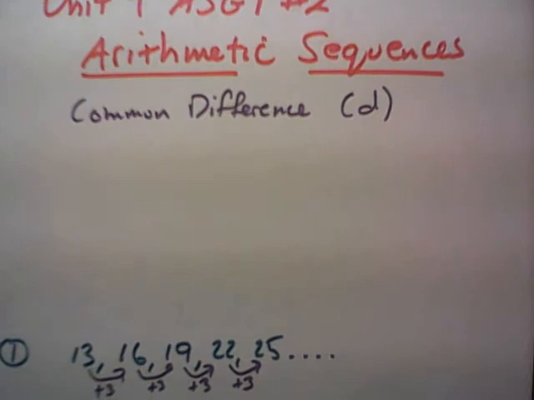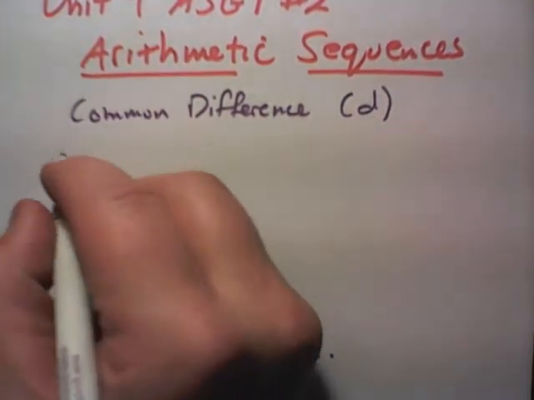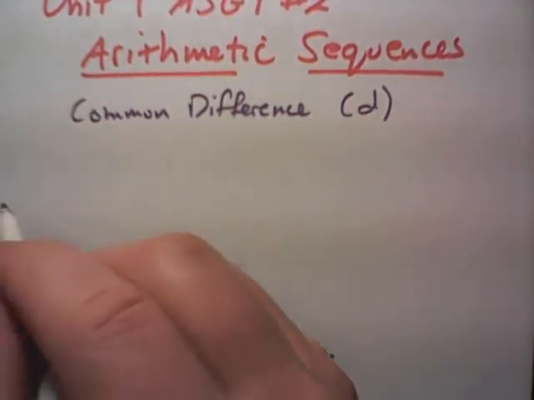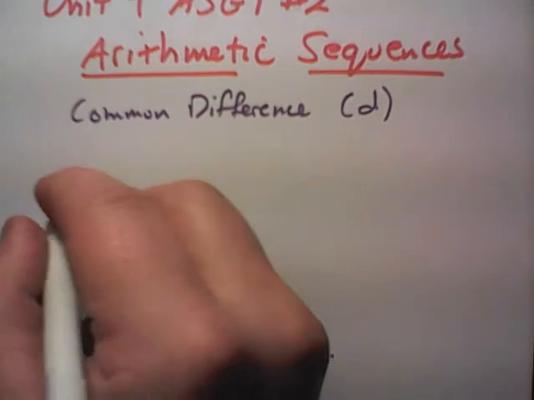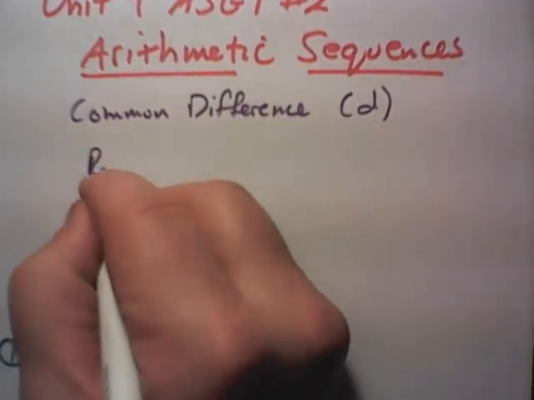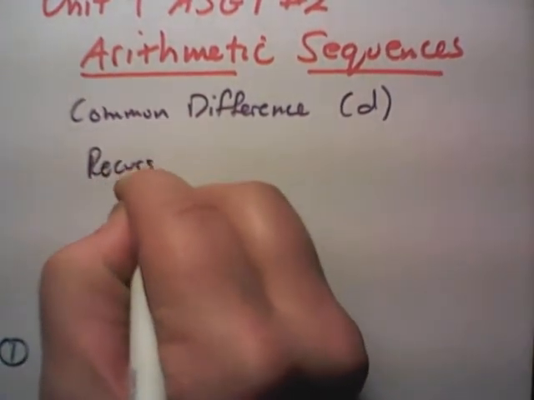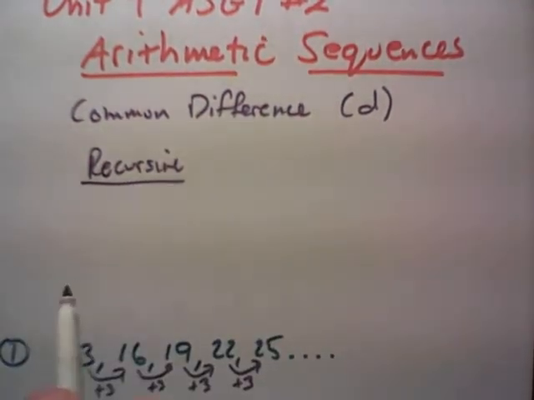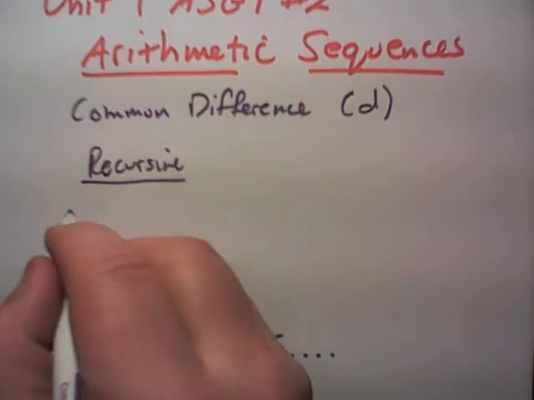There are two formulas that we're going to use throughout this that I would like us to introduce right now, and we're going to use them in some of the examples that follow in this video. The first one is a specific recursive formula for arithmetic sequences. Every recursive formula will be in this form.